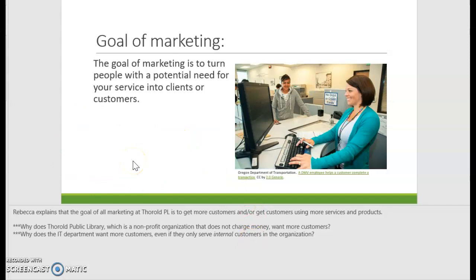But think about it: if we don't have customers, why do we exist? We want to prove that we're contributing to the organization, that we're helping achieve the strategic plan. So whether we have external customers or we're a not-for-profit or a for-profit, we always want to show that we contribute and bring people in.